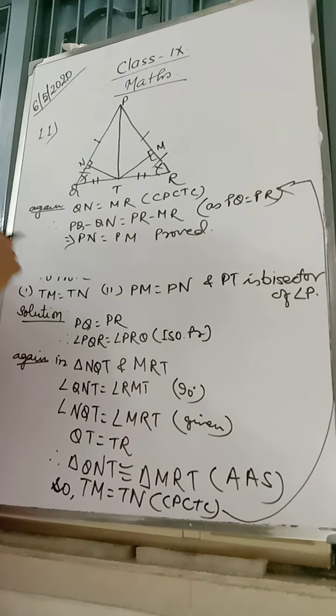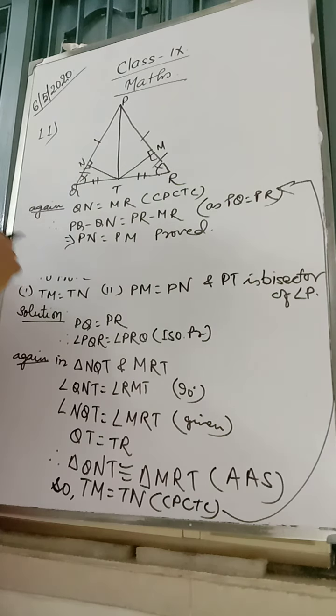Let angle QPR and angle QRP be x. This angle I have taken x, so this also would be x. So angle PRS would be 180 degrees minus x, as it is forming a straight angle. This is x, so this would be 180 minus x.